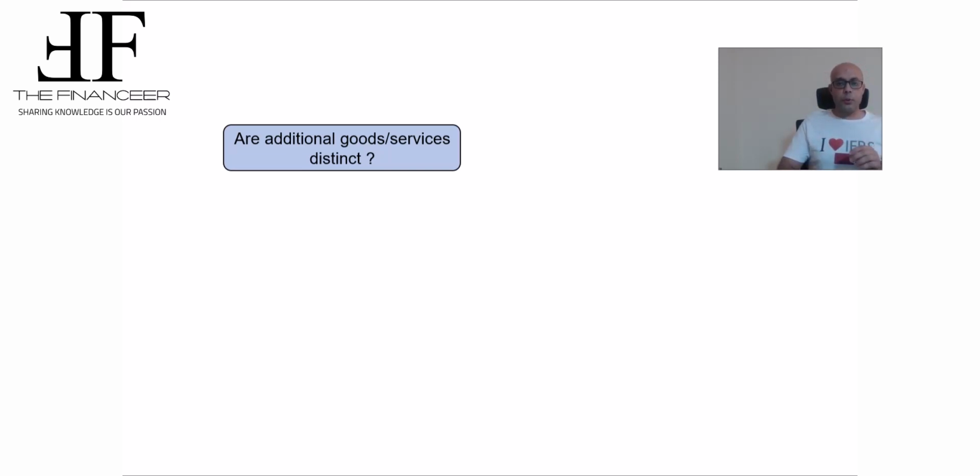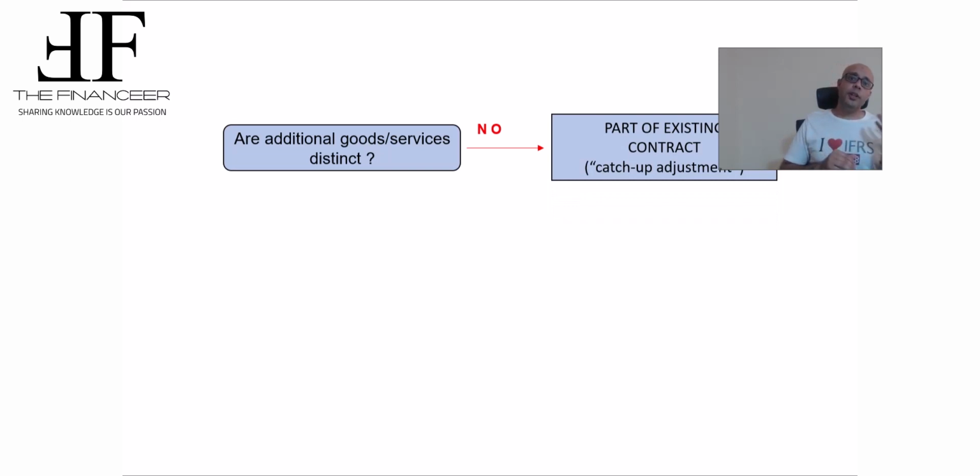So if the answer to this question is no, these additional product and services are not distinct, then in this case you have to consider that the additional product and services are part of the original product, part of the existing contract, and you have to do some sort of catch-up adjustment to the original product.